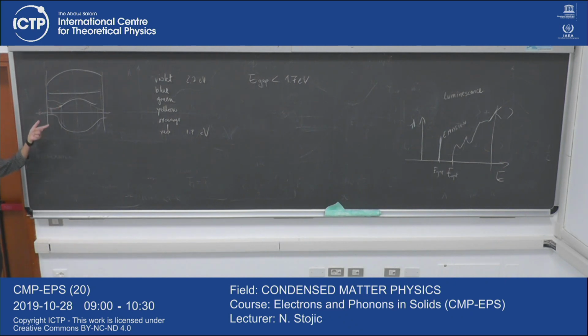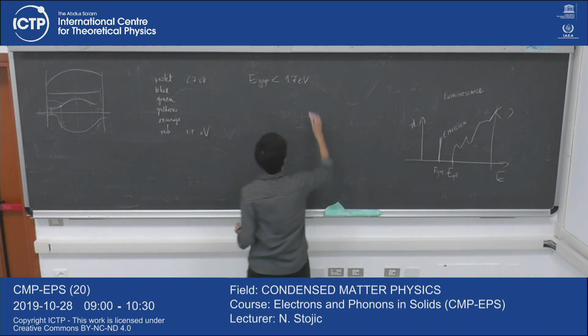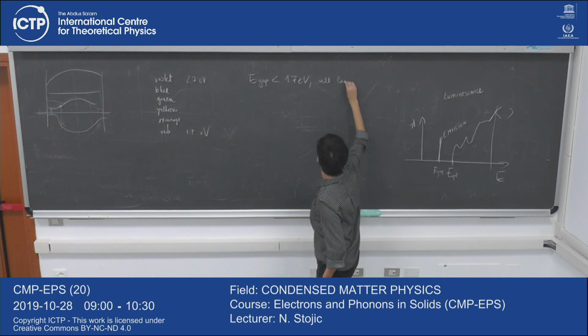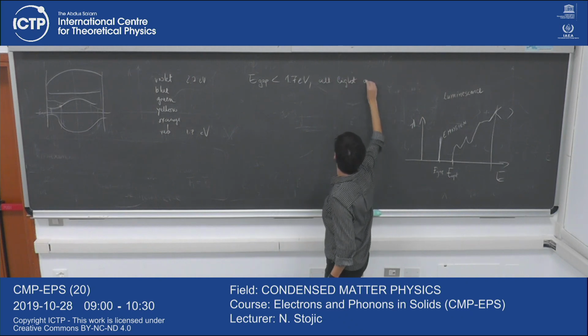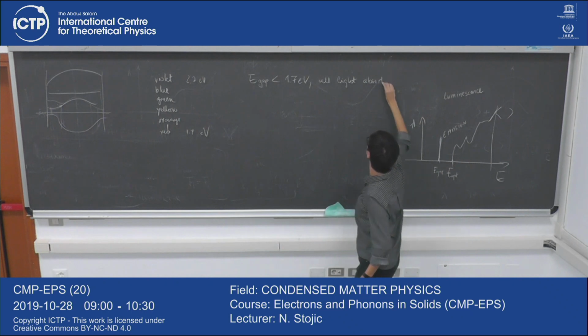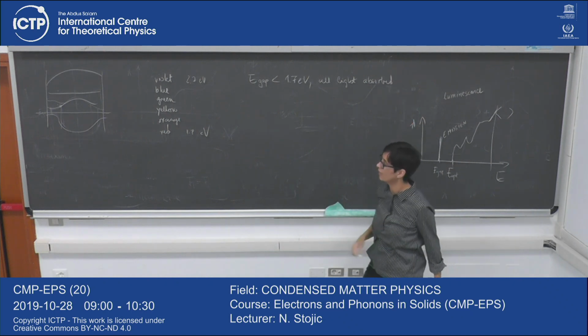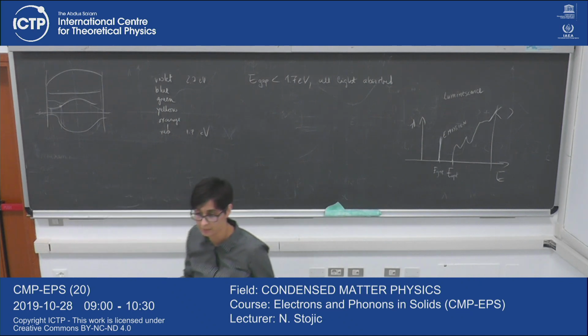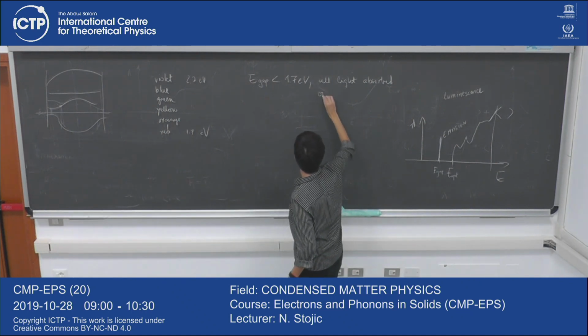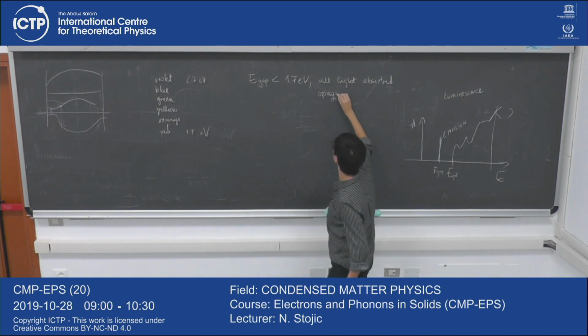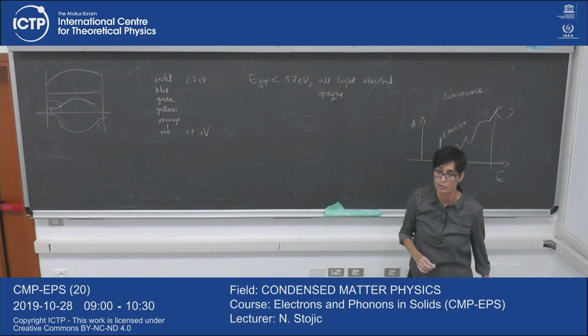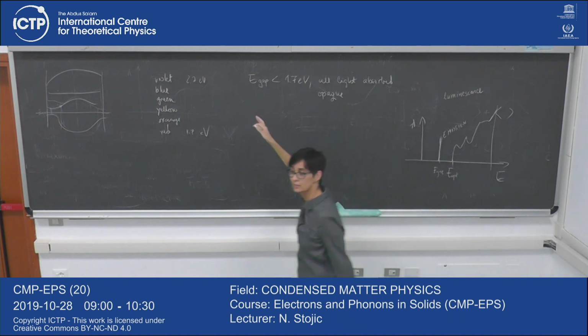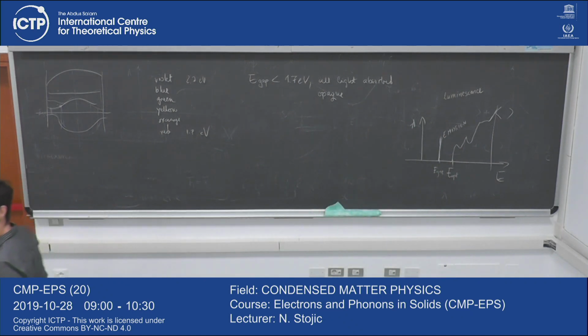When it excites, it means that the crystal absorbs the light, and the material, the crystal, appears opaque. This is true for all the semiconductors, but also for metals, which also reflect.